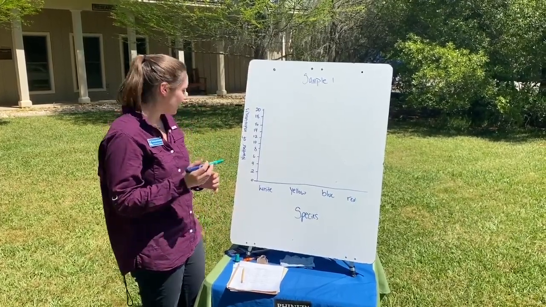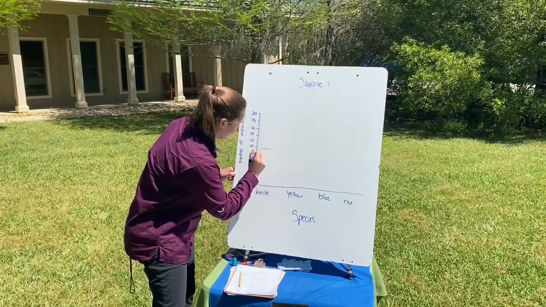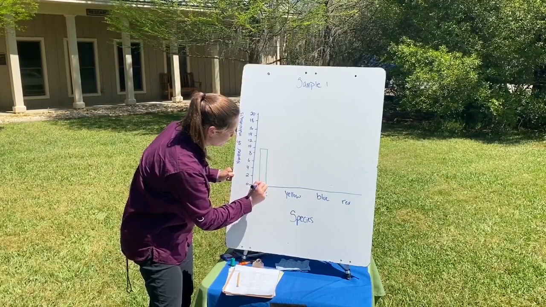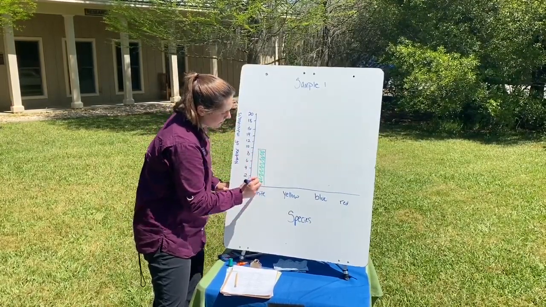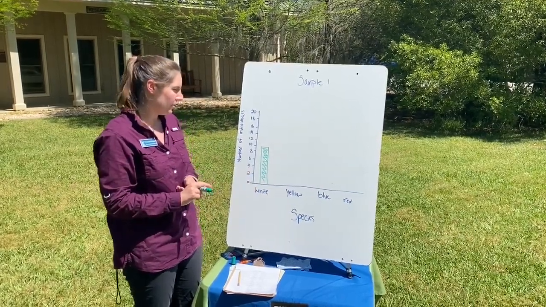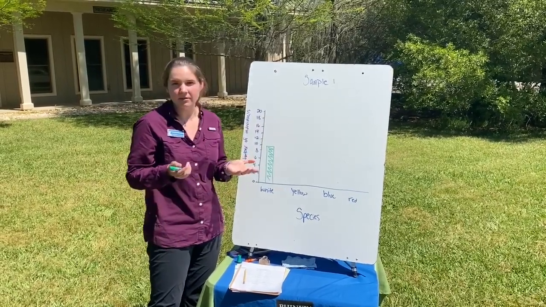So for our bar graph, we're going to go up to 10, and we're going to draw a bar. You can color it in if you want to. You can make each one a different color, however you want to do it, and then you'll see how the data looks as a bar graph.